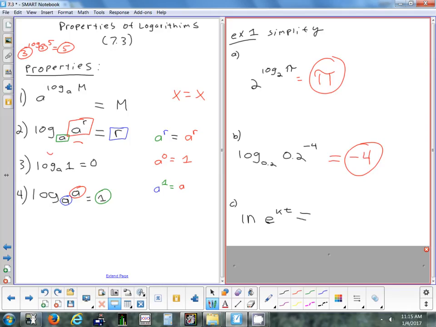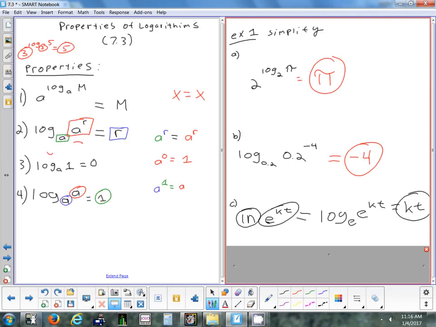You change ln to log base e, and then copy down the rest of it, e to the kt. Now it's more obvious that it's rule 2. So what would the answer be, Nolan? Yeah, k times t, whatever k times t is.